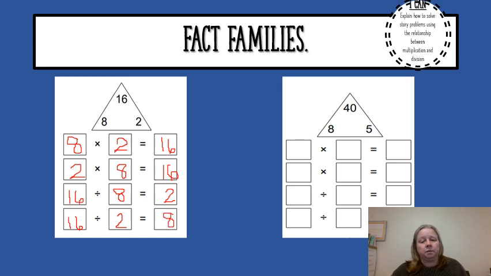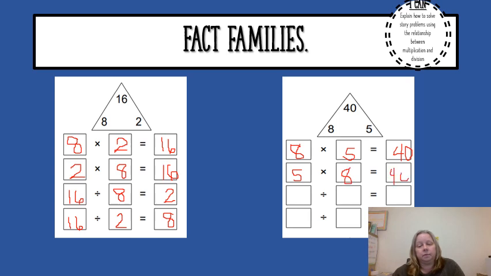All right. Okay, now let's look at the next one. It's multiplication again, so our 2 smaller numbers will go in the first boxes. So we have the 8 times 5 is equal to 40. And then we're just flip-flopping the 8 and the 5. 5 times 8 is equal to 40.